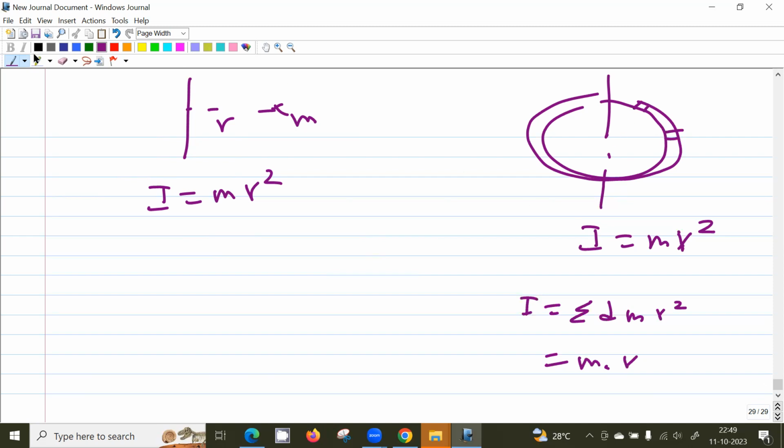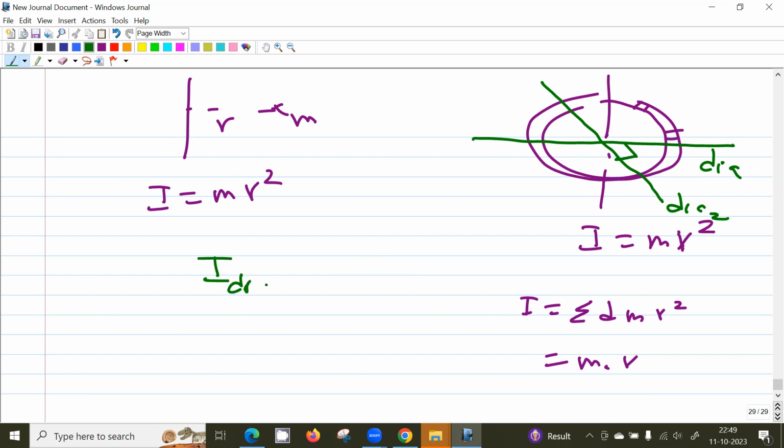And if you want to find the moment of inertia of this ring about this diameter, but this diameter is in the plane of the ring, I'll take a second diameter which is also along the plane of the ring. The diameter 2, and the angle between these two diameters is 90 degrees. I can choose two diameters like this. So using the perpendicular axis theorem, I about diameter 1 plus I about diameter 2 equals Iz, which is I about the axis.